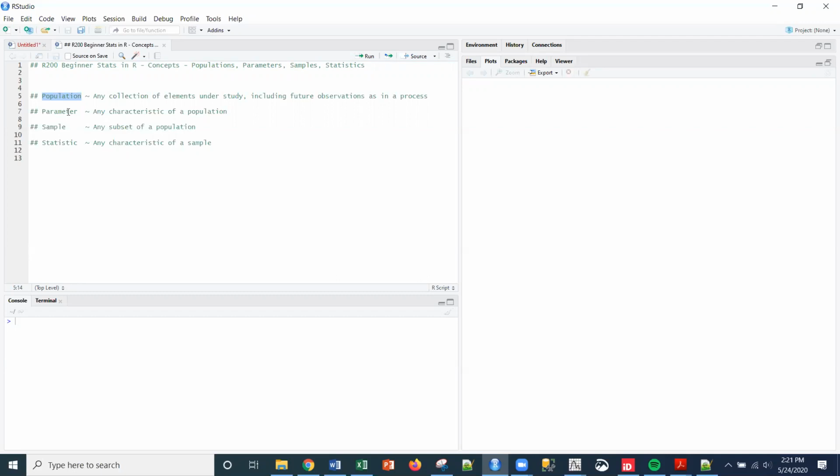So a population is defined by the observer. A population is any collection of elements under study, be that a business case or a scientific research case. And one of the things that confuses people is that populations include observations that haven't even been seen yet. For example, a process.